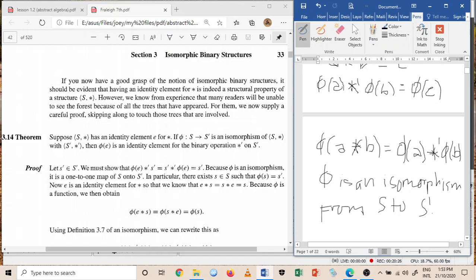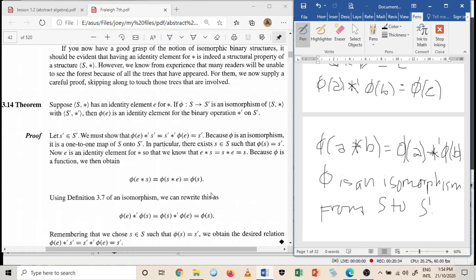Function phi which preserves the operations of the two sets. Okay. Let us now proceed to the next theorem. Suppose the binary structure S with the operation asterisk has the identity element E for its operation asterisk.